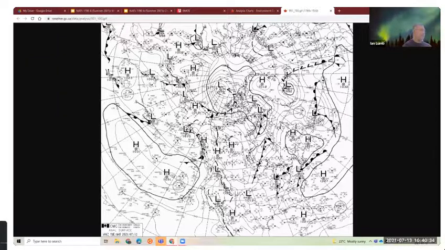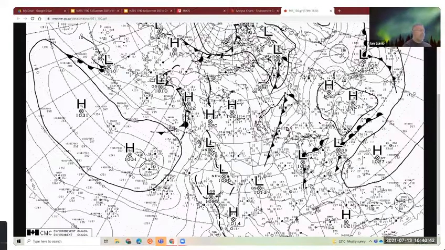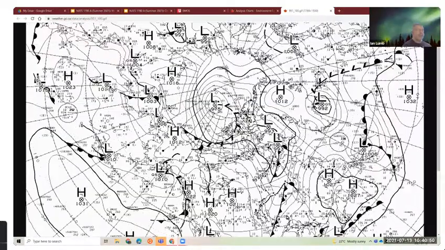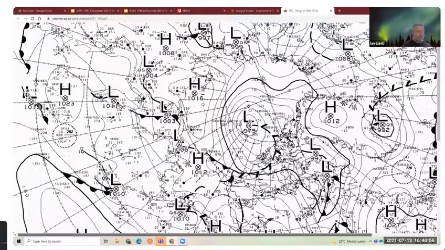Okay, this is our surface analysis. And you can see here that we have a very busy, detailed map. What's kind of great about cyclones is there's pretty much always something going on. Let me just pick one that's as clean as possible. So I'll go ahead and pick this example over here.